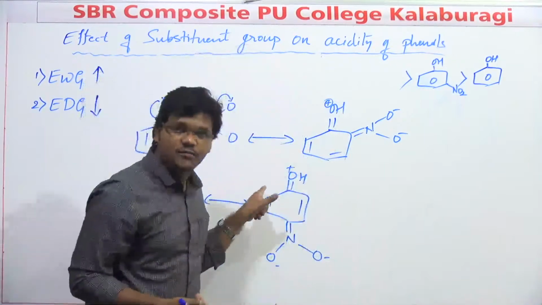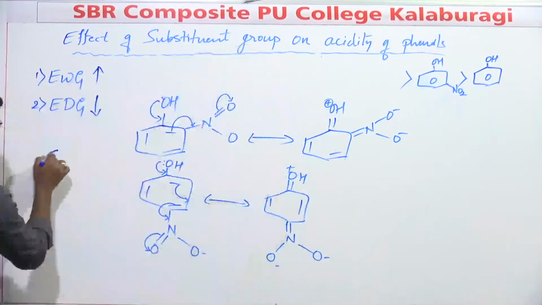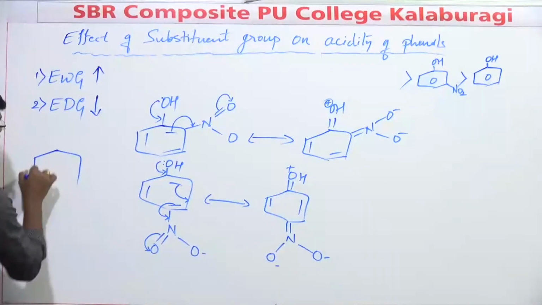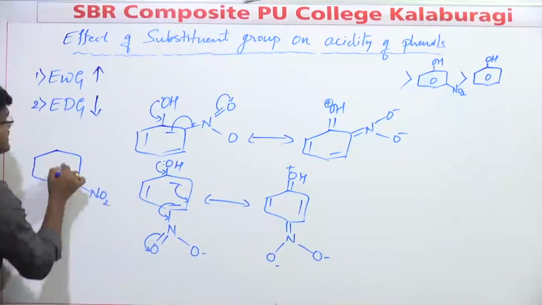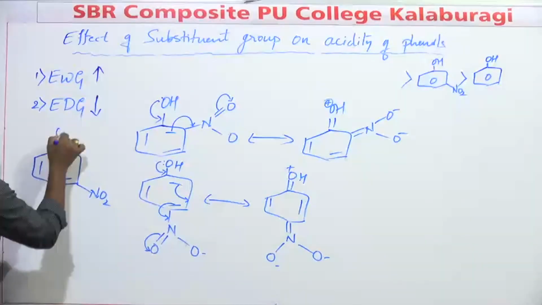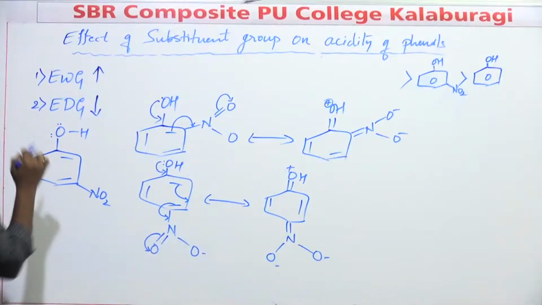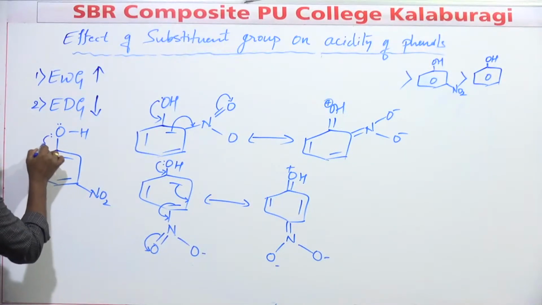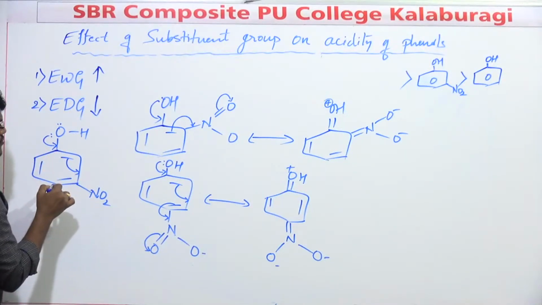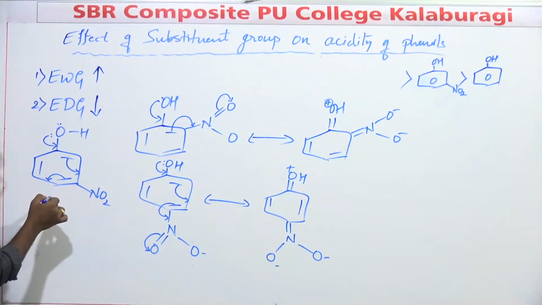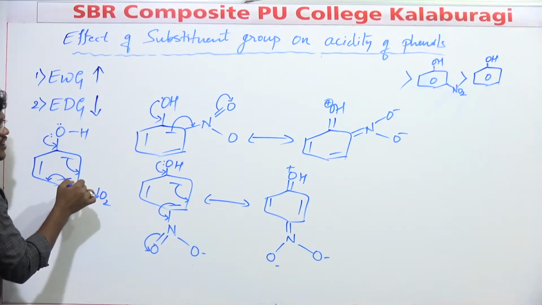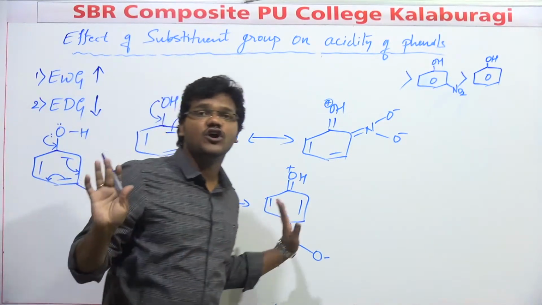But this is not possible if the NO2 group is present at meta. You can see it will try to come over here, these electrons will come over here, so at the meta position, resonance won't occur.